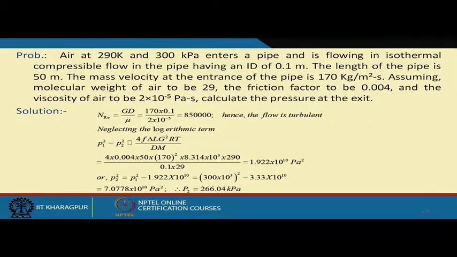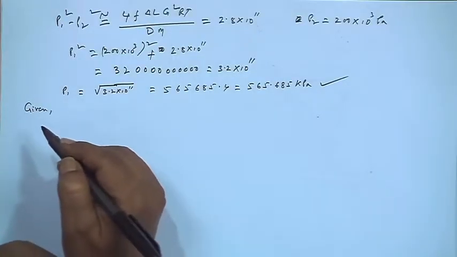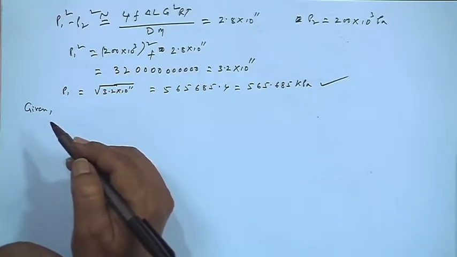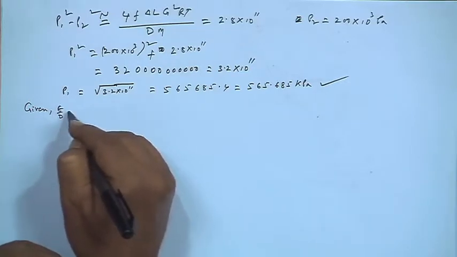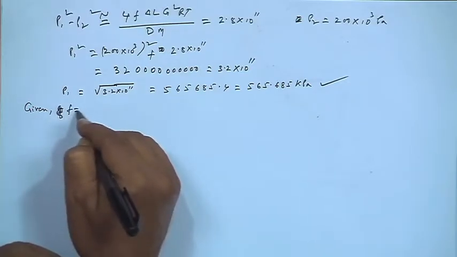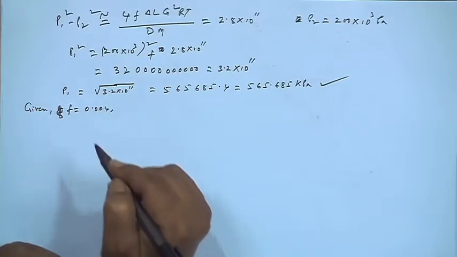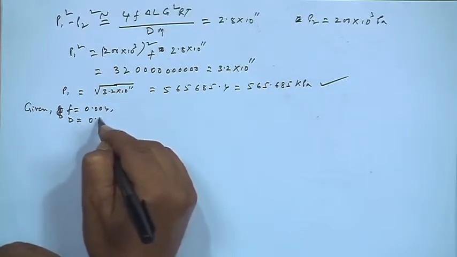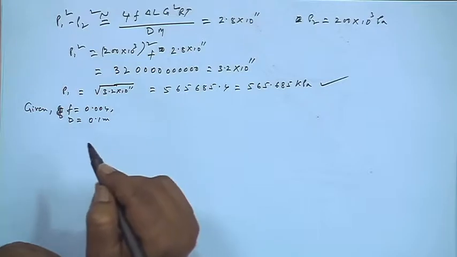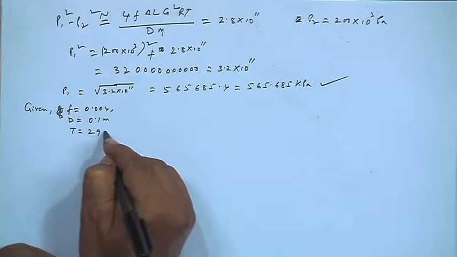So we start again from what is given. Epsilon by d is not required. So F is given directly, 0.004. Then D is given as 0.1. T is given to be 290.